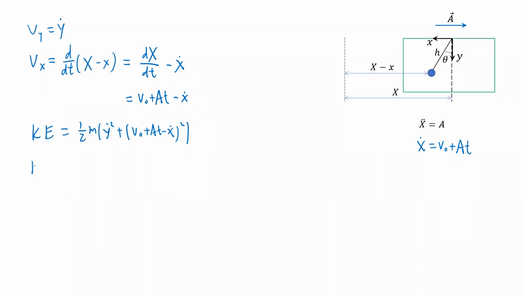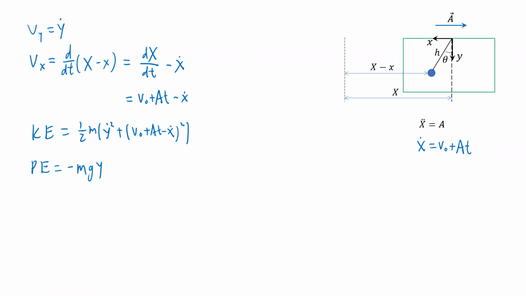PE is just minus mgy. Why is that minus? I talked about it last time: this time I'm taking the downward direction as positive y, so that's why I have this minus sign in front of mgy. Then the Lagrangian would be this term plus mgy.